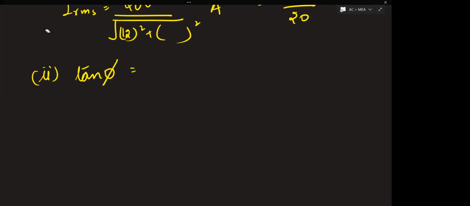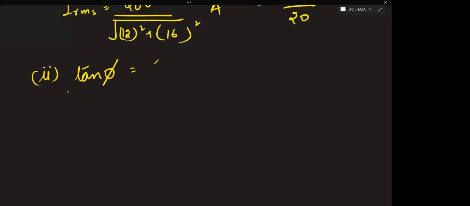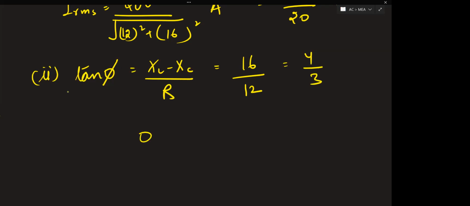This will be 16. So it will be XL minus XC divided by R, which will be equal to 16 divided by 12. We can simplify it to 4 by 3. So phi will be equal to tan inverse 4 by 3.